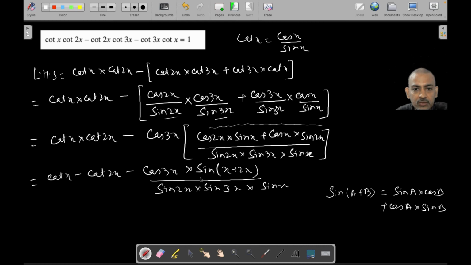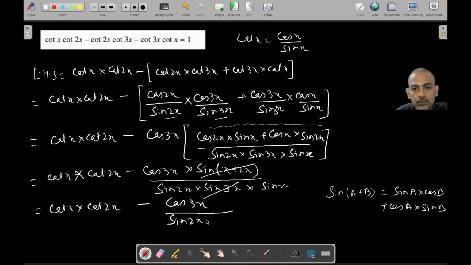This will be 3x, so sin 3x and sin 3x will get cancelled out. So I will be left with cot x into cot 2x minus cos of 3x divided by sin of 2x into sin of x.